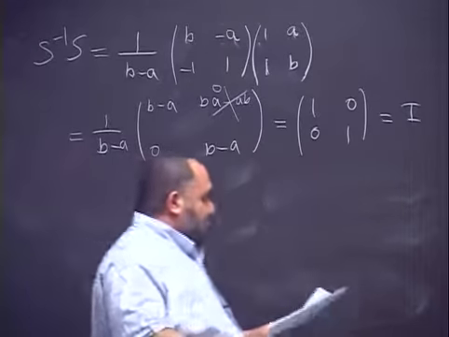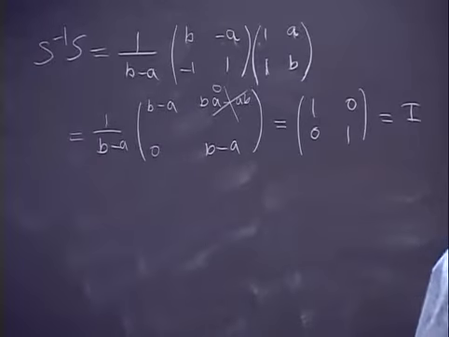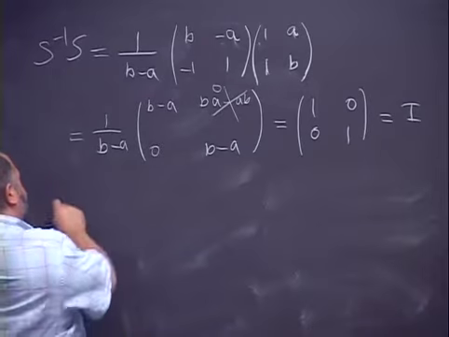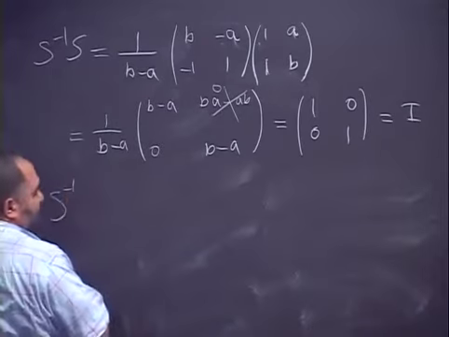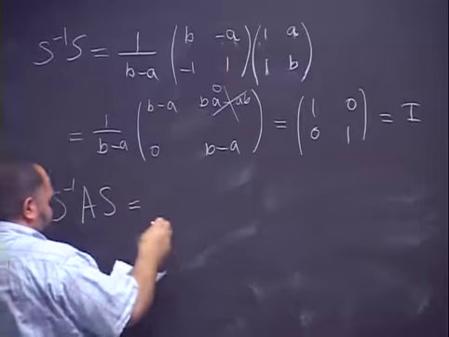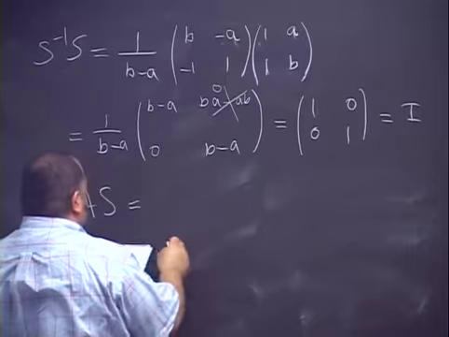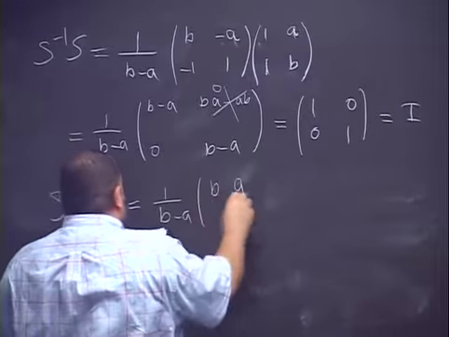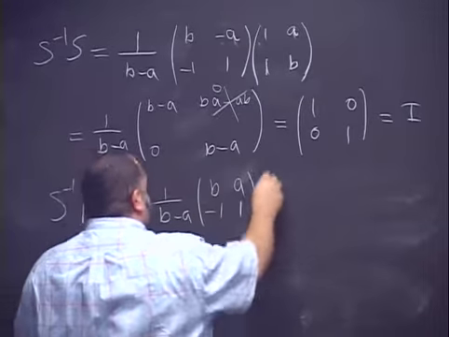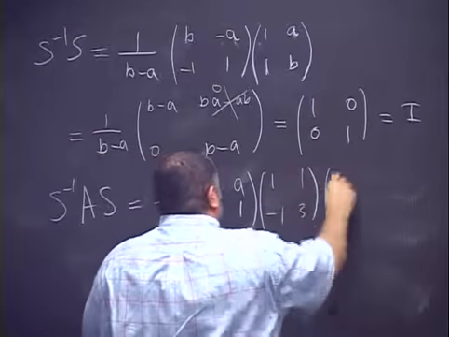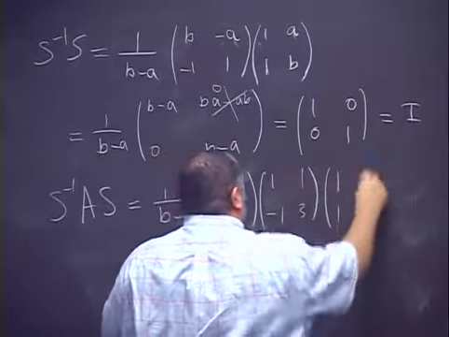Now, how will we apply the similarity transformation? It will be S minus 1 A S. And what's S minus 1 now? 1 over B minus A times (B, minus A; minus 1, 1), and the matrix is (1, 1; minus 1, 3), and then (1, A; 1, B).